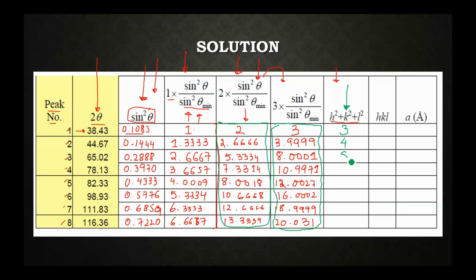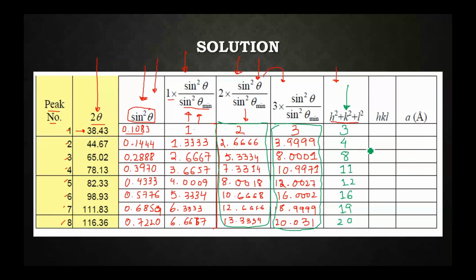Third, 8, and then 11, 12, 16, 18.999, which is basically 19, then 20. Very good. So now you have got all the values as whole numbers in the h square plus k square plus l square column.